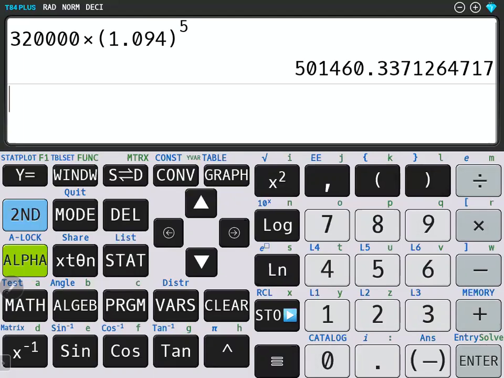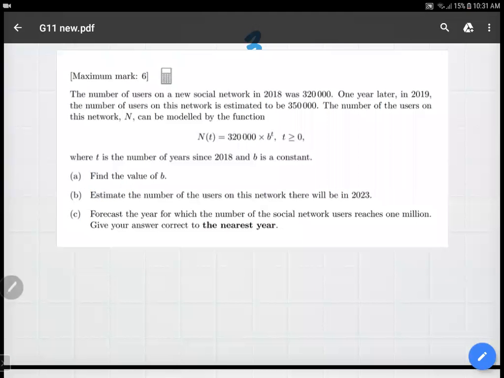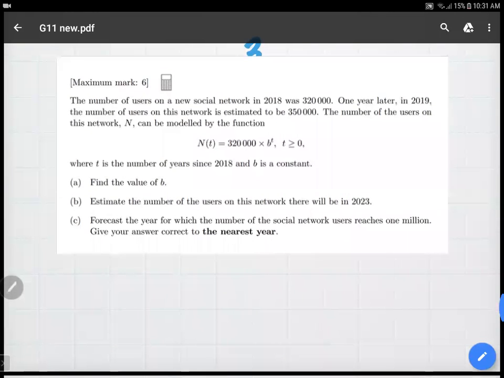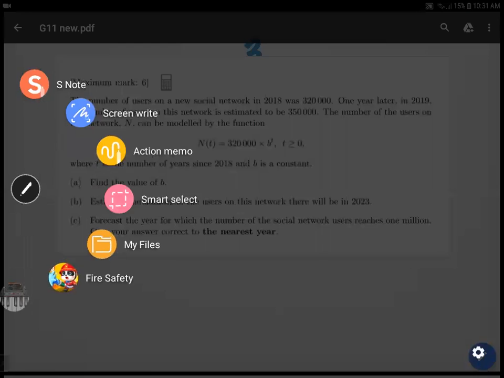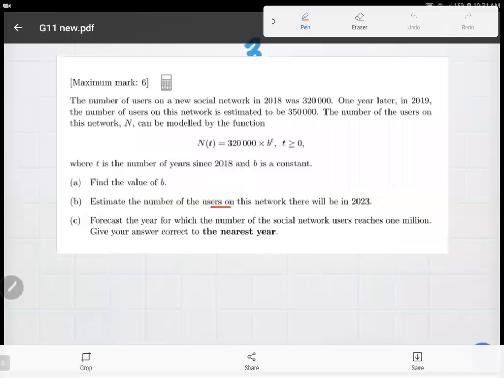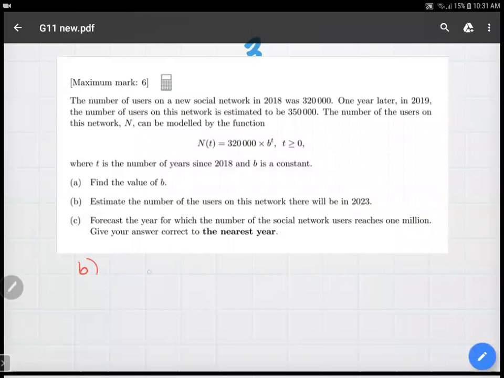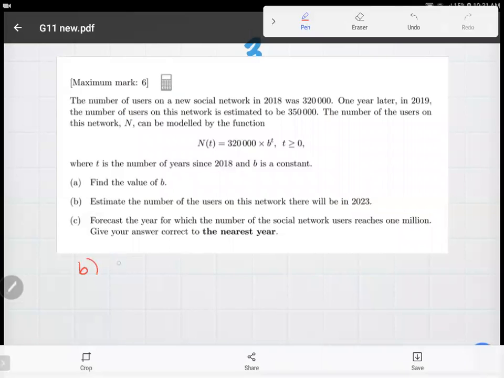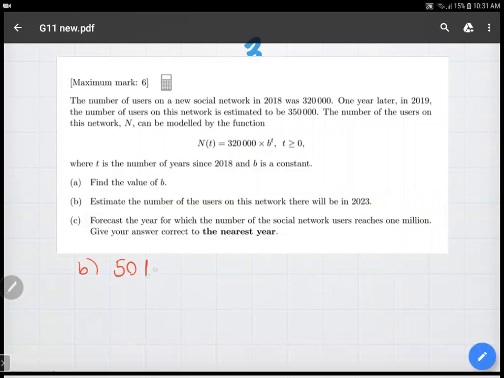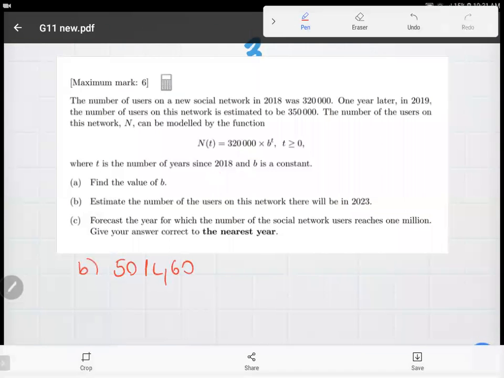So we can write the answer on our question. If we round this number, part B, the answer is what we already calculated. So I rounded my answer to a whole number.